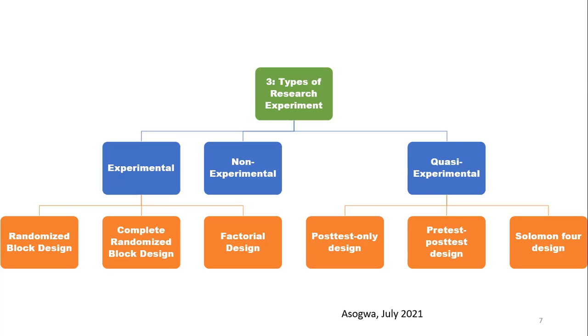Just after the treatment, you collect data, and whatever difference you see there will be attributed to the treatment. Then we have pre-test, post-test. In this case, you determine what the variables have before the treatment or the manipulation. And after the treatment or the manipulation, you now determine what they now have. So in that case, it's pre-test, post-test design.